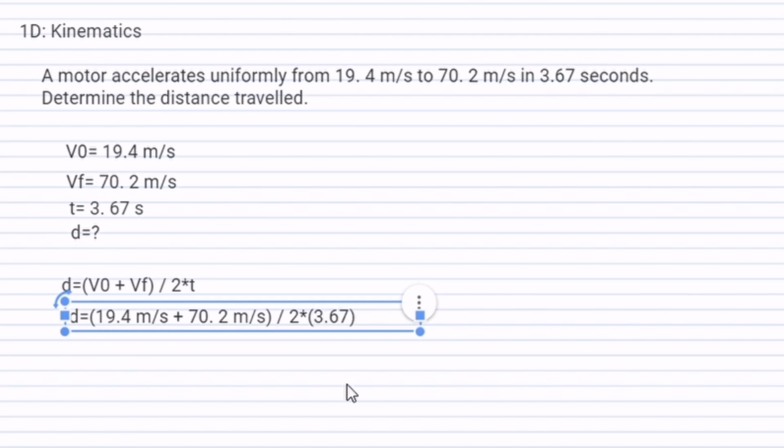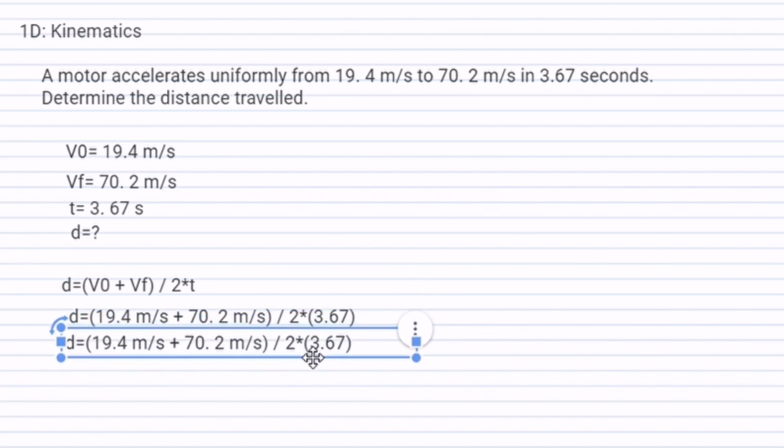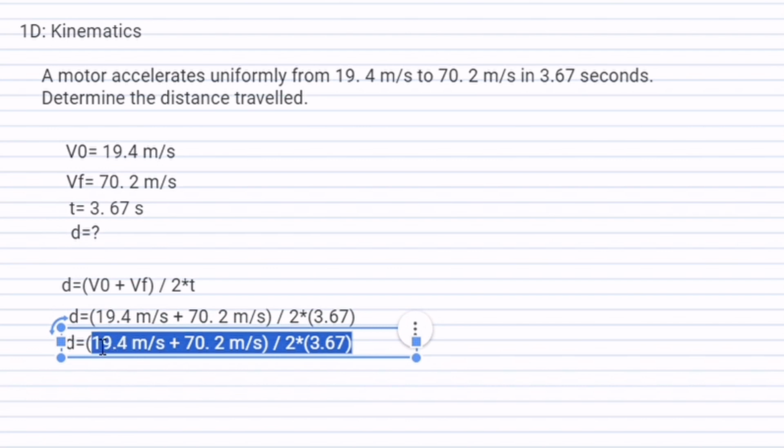Now let's solve this. Just solve this directly on your own calculators. This will be equal to 18.137 meters.